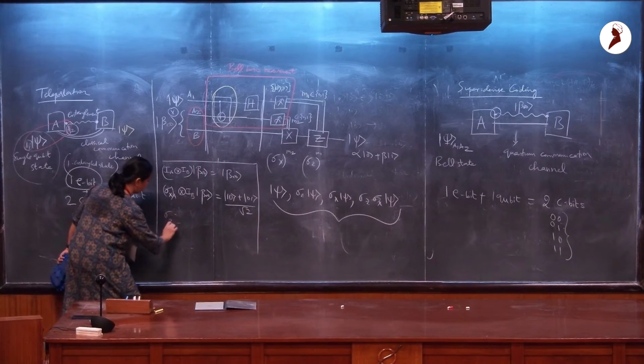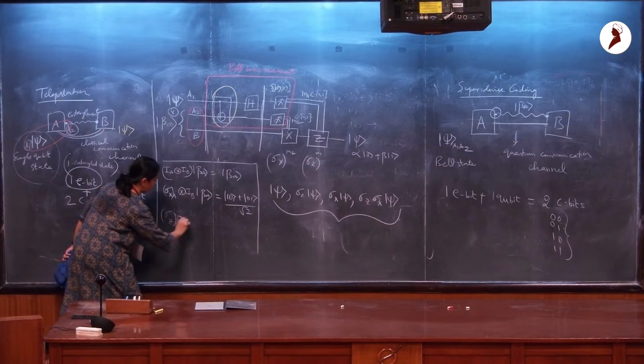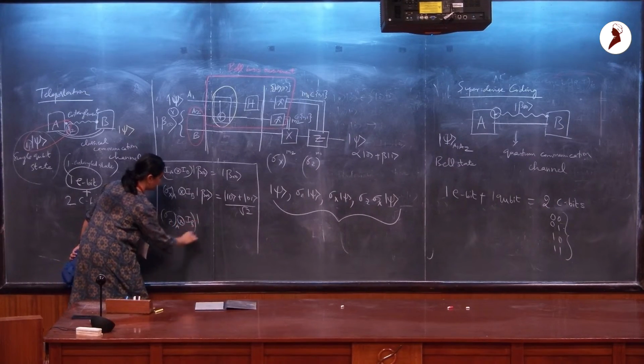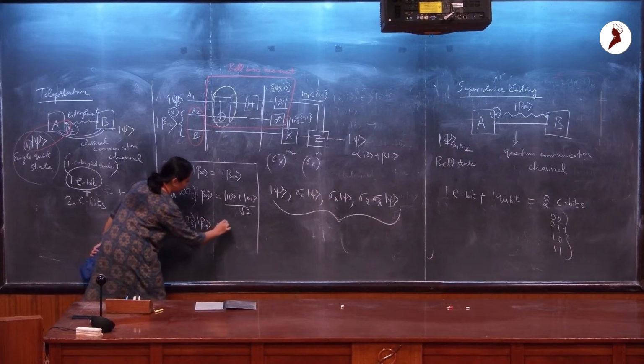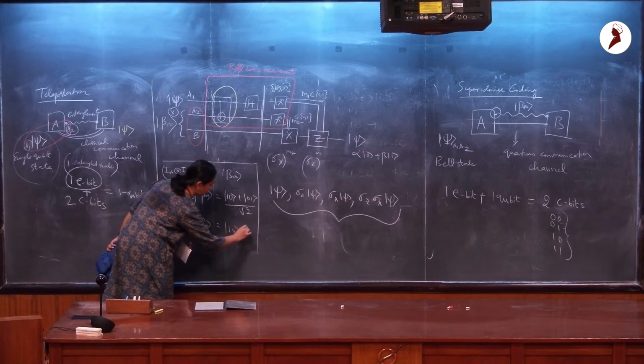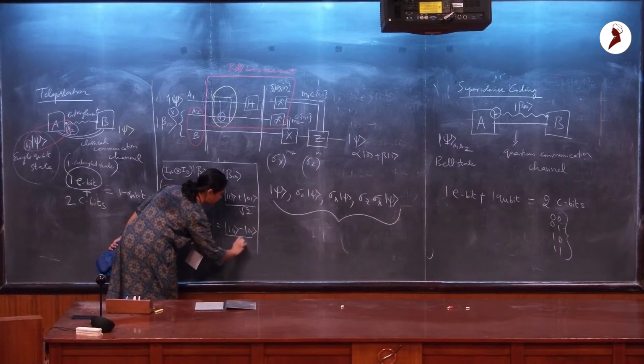A applies sigma Z. That changes a phase. So that gives me (|00> - |11>)/root 2.